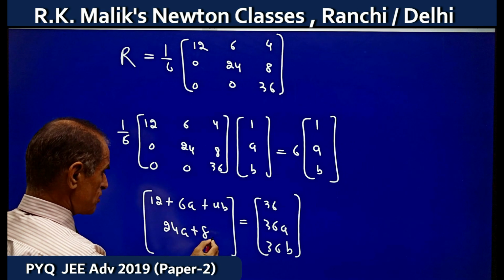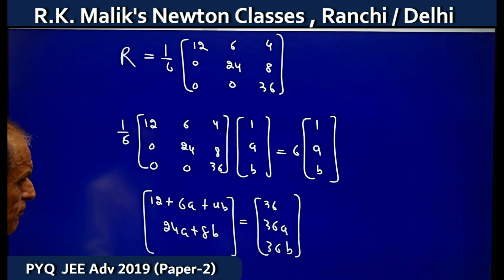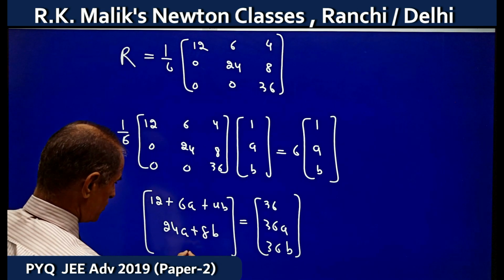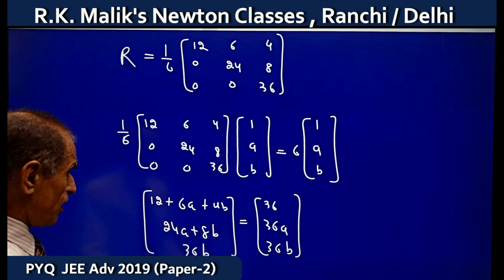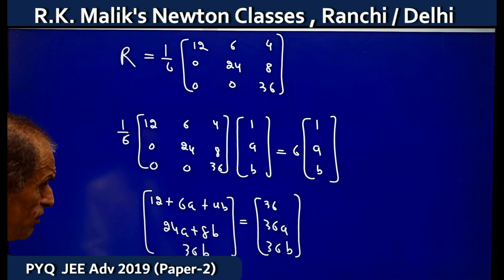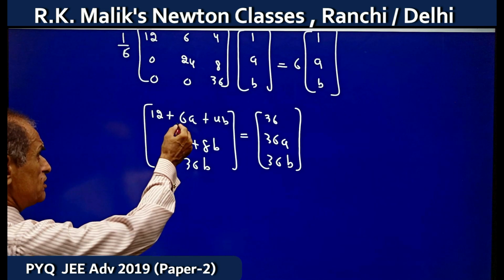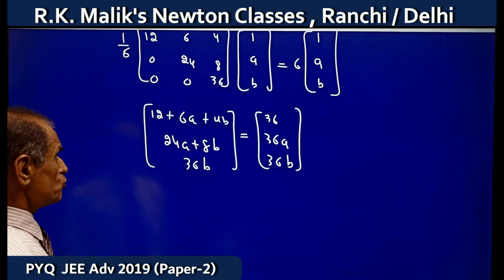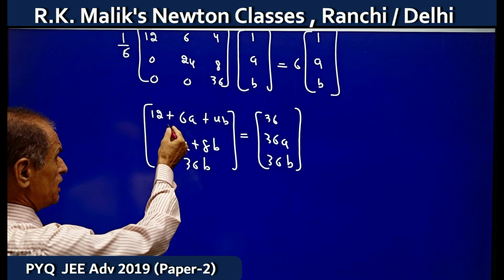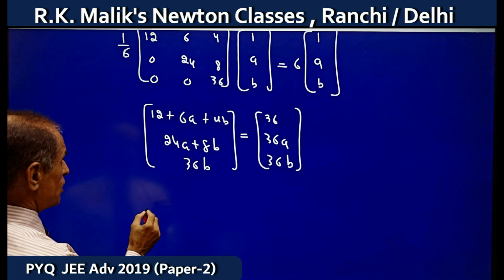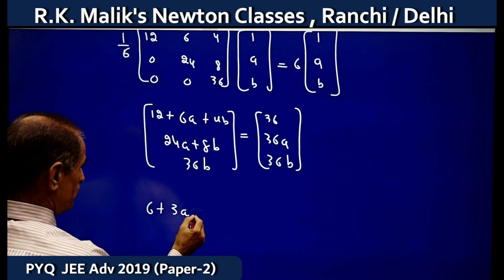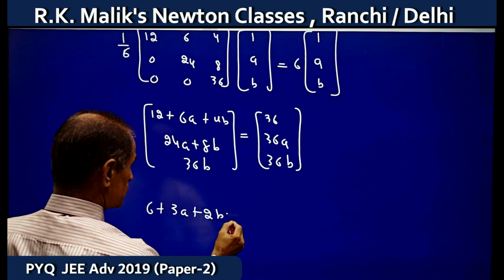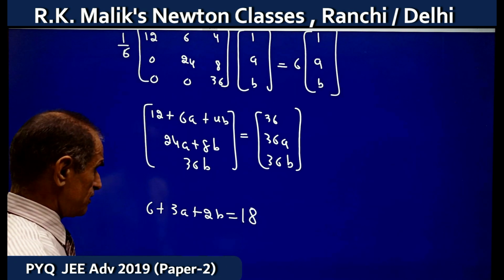Here you will be getting 24A plus 8B. And here you will be getting 36B. These two elements are already equal. I will be using only these two elements to find the value of A and B. Equating these two, I get 6 plus 3A plus 2B is equal to 18.